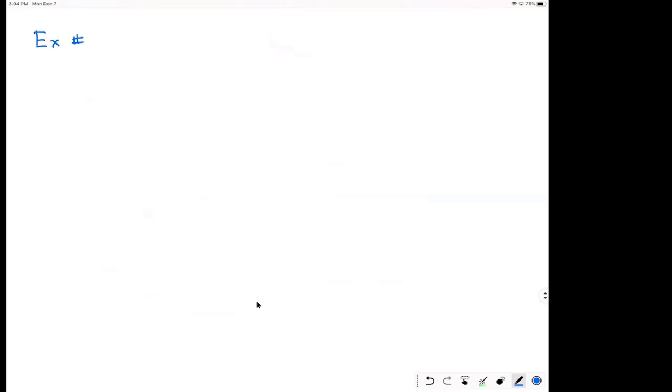So this is from number 8 from section 10.6 from our homework. So I've got a function f of t is equal to, and it's a piecewise function with 3 and minus 1, and I've got 0, t, and 1.